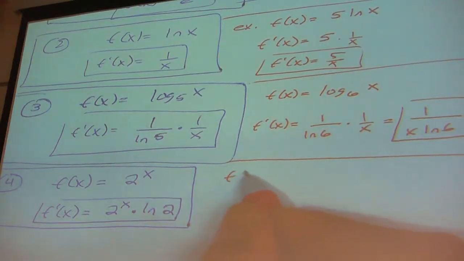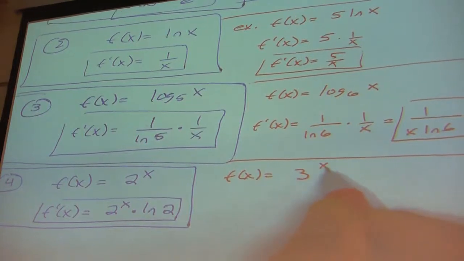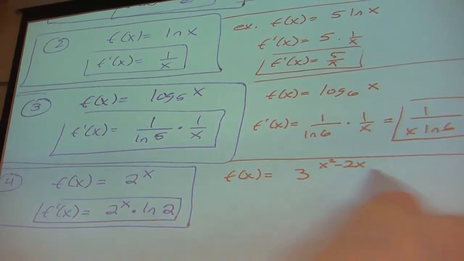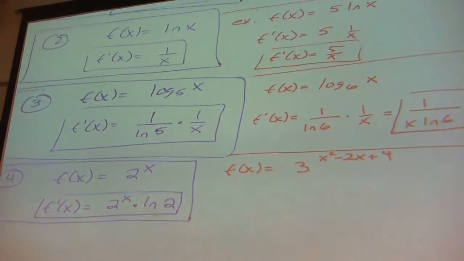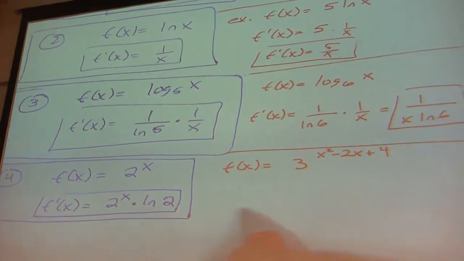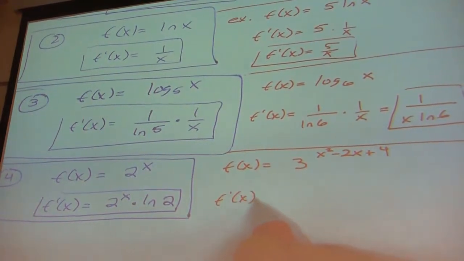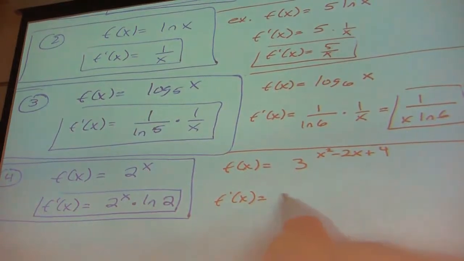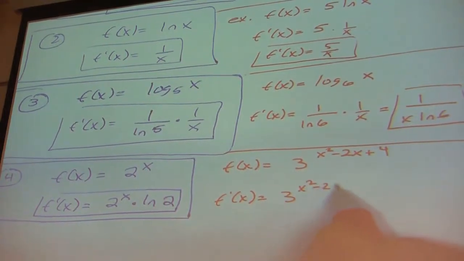Again, they teach it later, but let's say we had 3 raised to the x squared minus 2x plus 4. Let's say it was a little more complicated. To find the derivative, there are actually 3 steps. Step 1, rewrite it, which is what we did last time.